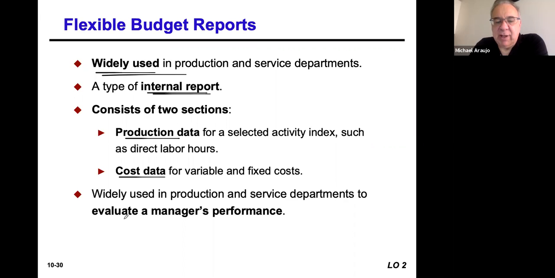This is actually used widely to evaluate how a manager is performing. Okay, in many, many industries, part of a manager's job performance is based on how they do in this area.